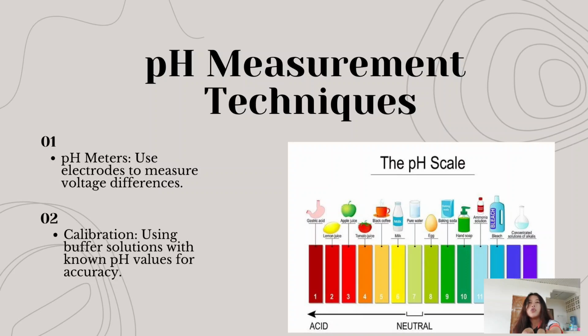Calibration ensures accuracy by using buffer solutions with a known pH value. And pH measurement is crucial in fields like environmental science, agriculture, and chemistry.